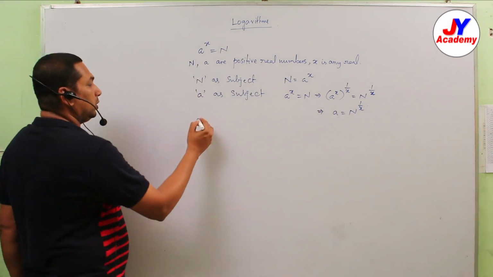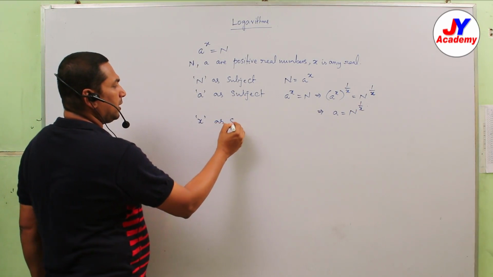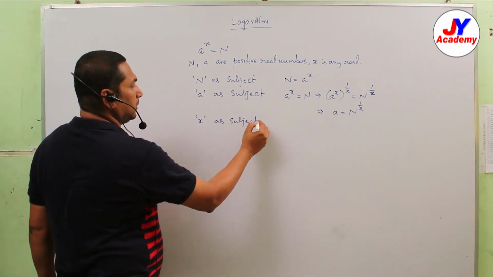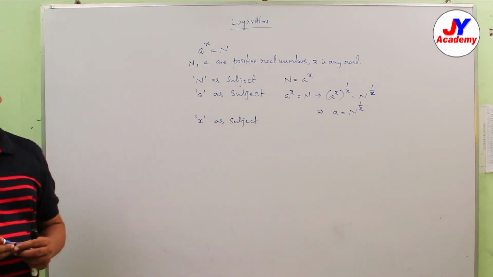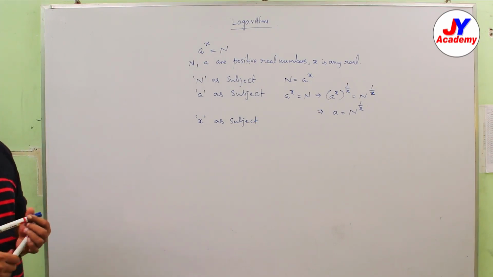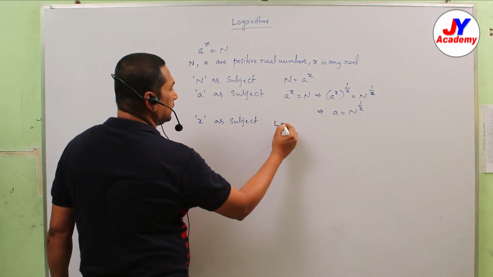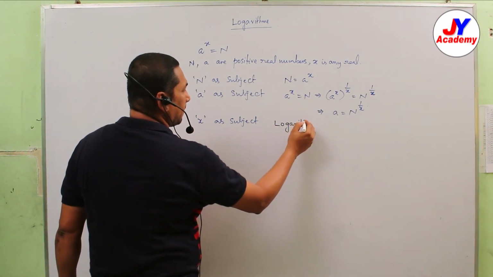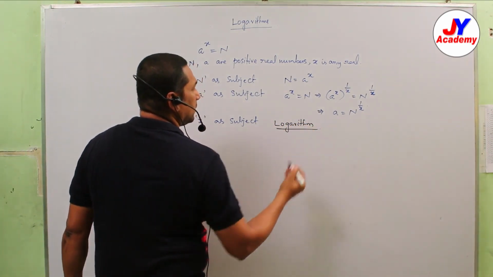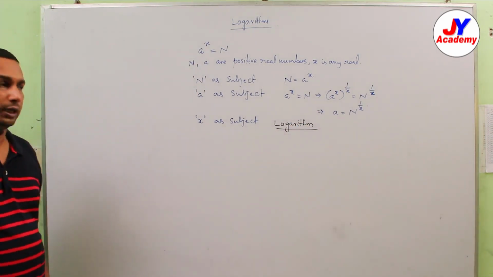Now if you want to make x as subject, so how can we make it? In this particular case, while making x as subject, we have to introduce the word logarithm.